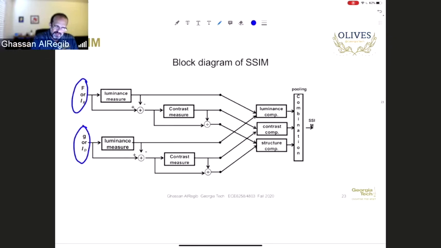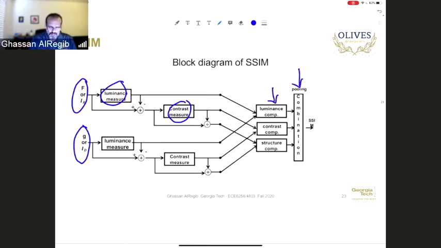Then we have three processing blocks. The first one calculates the luminance, the contrast, and then what these are really doing is the structure. Then the next one is some comparison, and then we have some pooling.